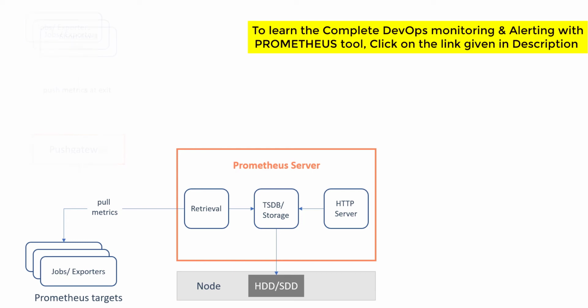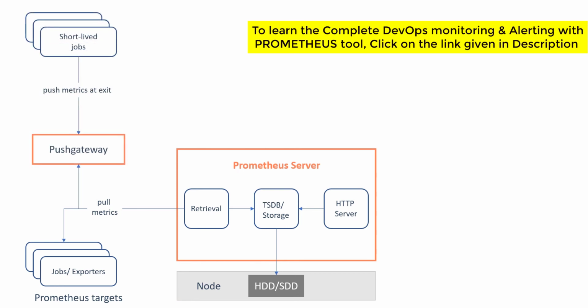Now coming to the push gateway. No doubt that overall Prometheus architecture believes that pulling is slightly better than pushing. But there are some special components which cannot be directly scraped. For example, some short-lived service-level batch jobs can't be scraped through pulling metrics. So to monitor these kinds of jobs, Prometheus uses a push gateway.